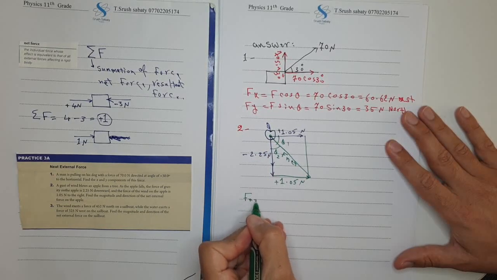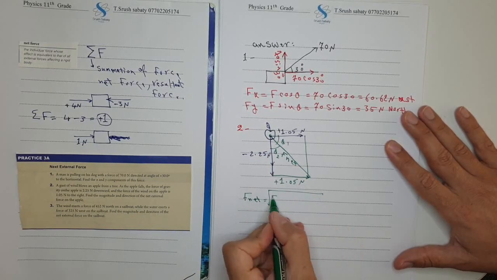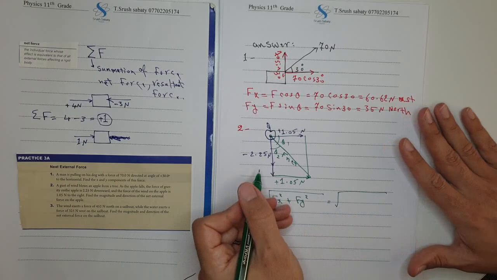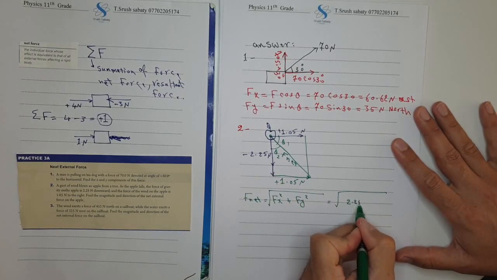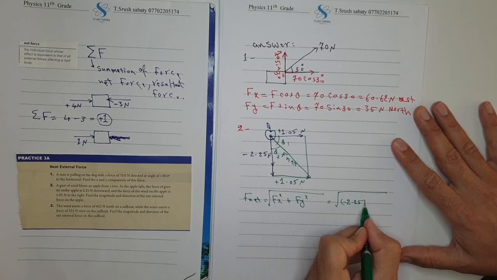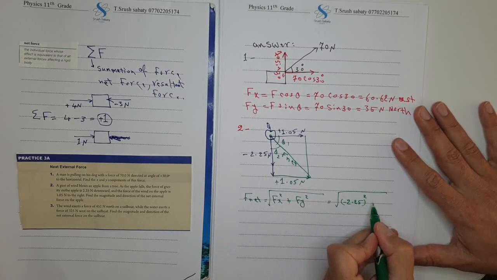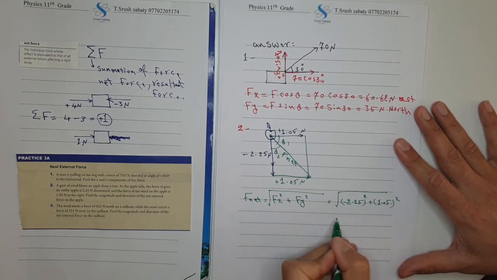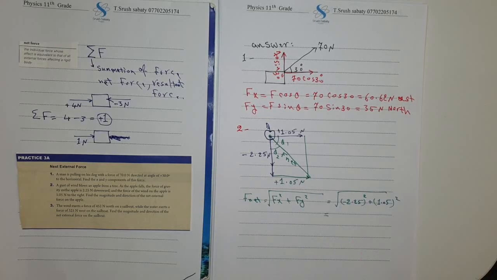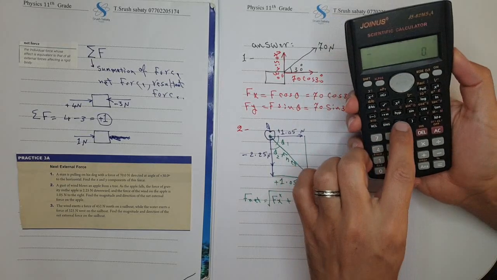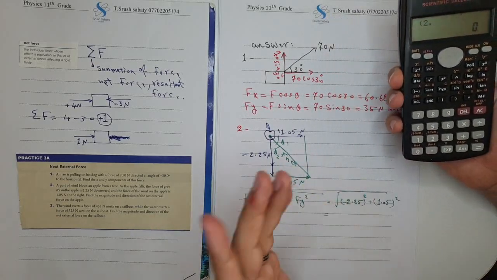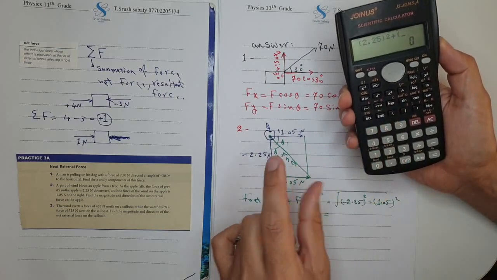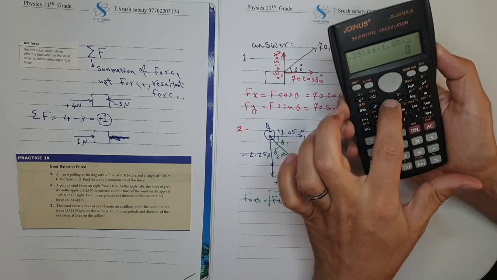So f net is equal to, using the Pythagorean theorem, the square root of f on x squared plus f on y squared. It's not a problem if you change the position of both of them. Bracket 2.25, this negative will be positive, it's not a problem because of the square, plus 1.05 squared.